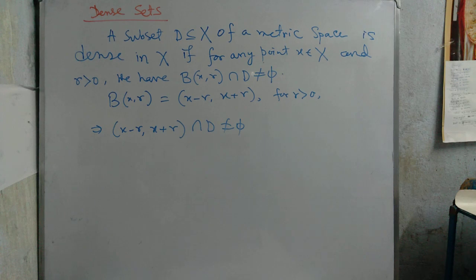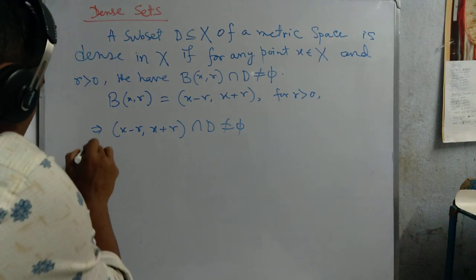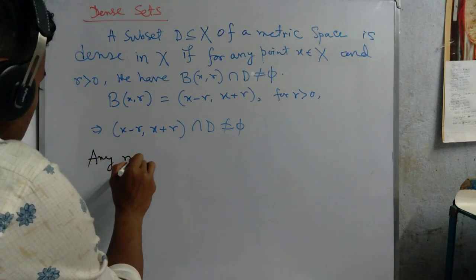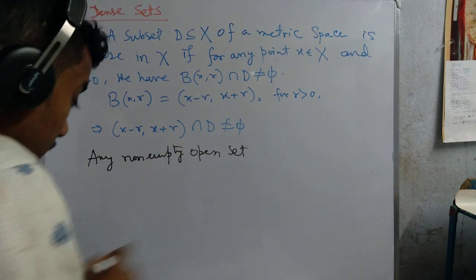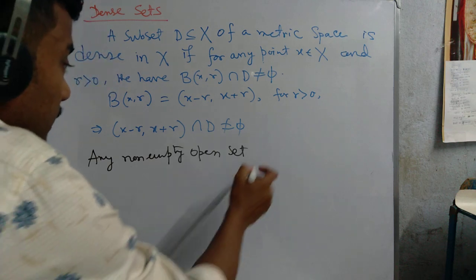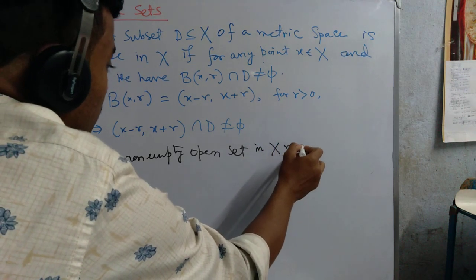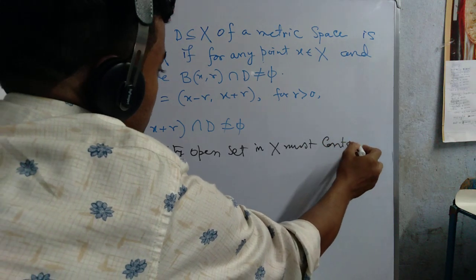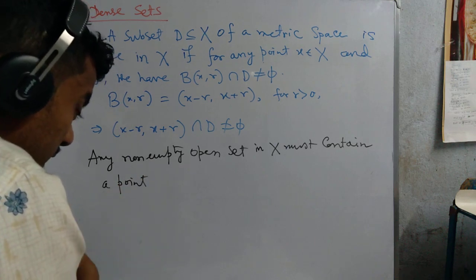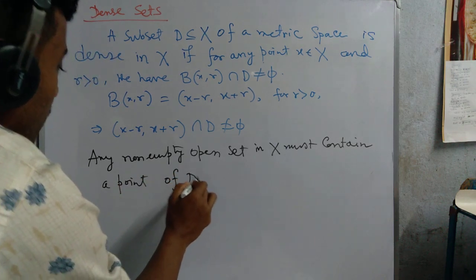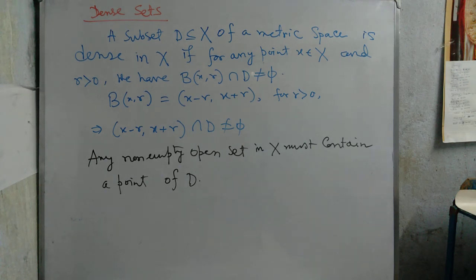If B(x, r) is defined in another way, then we get another form: any non-empty open set in X must contain a point of D. Understand?